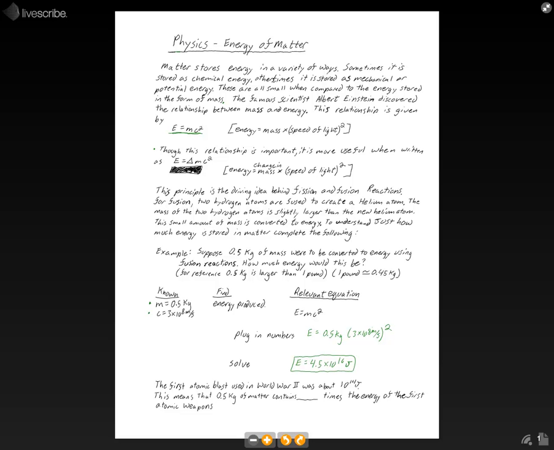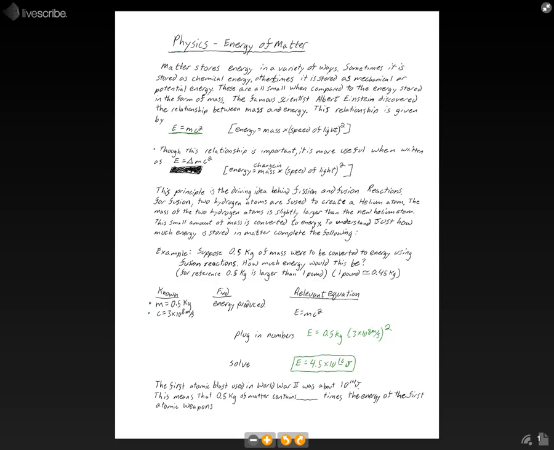Looking just at the exponent of the 16 and the 14, the energy produced by this is 2 orders of magnitude larger than the first atomic blast in World War II.